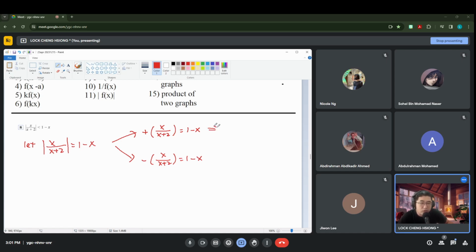Then I continue solving them. So I have x equals 1 minus x times x plus 2, open it up, x plus 2 minus x squared minus x. So I have x squared, bring it over, plus x minus 2 equals 0.